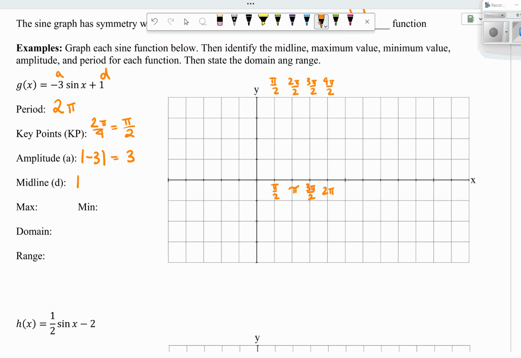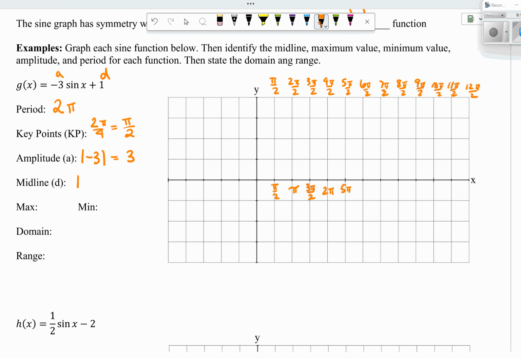We're going to keep going. Next one would be 5 pi over 2, 6 pi over 2, 7 pi over 2, 8 pi over 2, 9 pi over 2, 10 pi over 2, 11 pi over 2, and 12 pi over 2. So if it helps you to write them up there and then reduce them on the x-axis, that's fine.